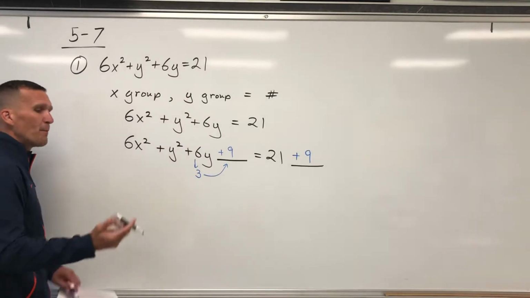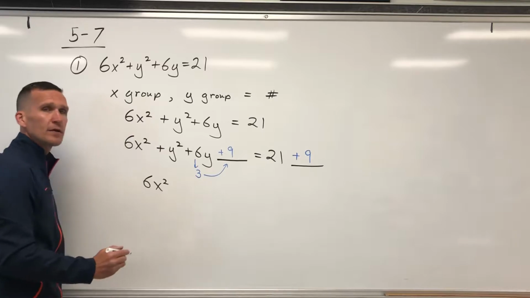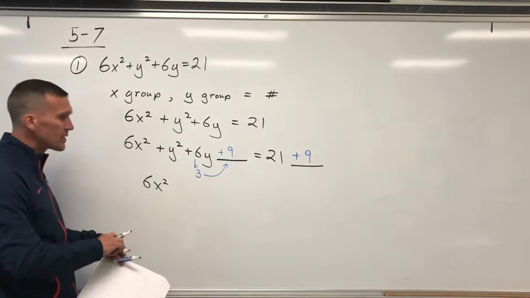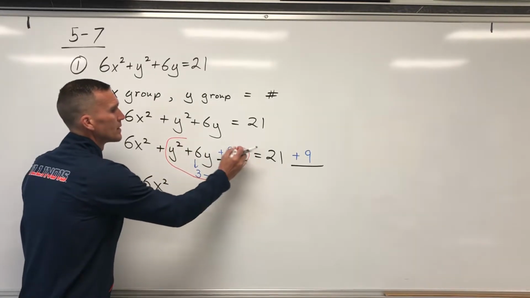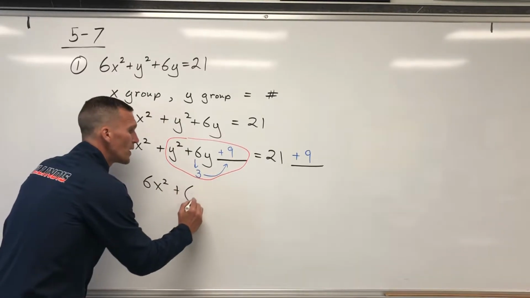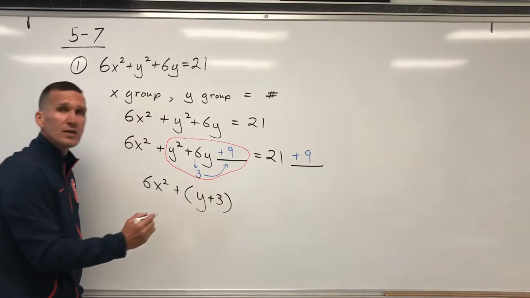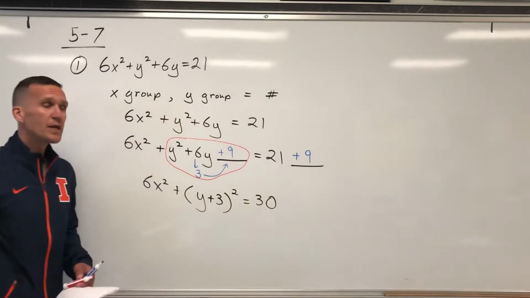All right, my x group is still just 6x squared, but my y group is now a quantity squared because I completed the square. All of this work right here turns into positive quantity y, remember that number always comes after the letter, plus 3 squared equals 30.